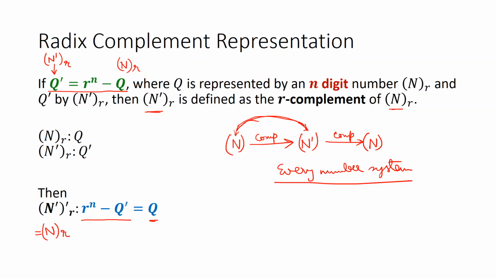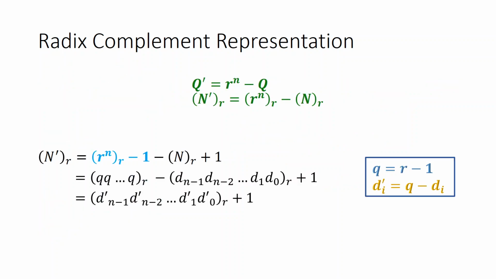That is about complements. But how does this enable us to represent negative numbers? That is the question. Just before going there, we try to see how we can actually form the complement number when a number is given.